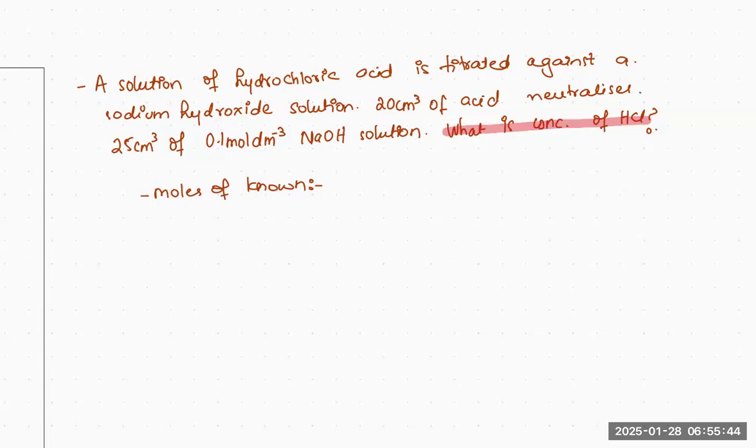Now, Shreya, look at the information that is given to us about sodium hydroxide and choose a formula. Choose a formula that we can use over here. This is the information that we have about sodium hydroxide. Look at what we are given and choose an appropriate formula that will allow us to calculate the moles.